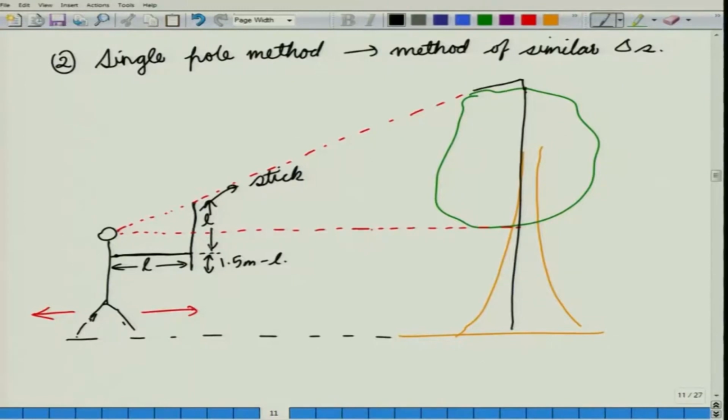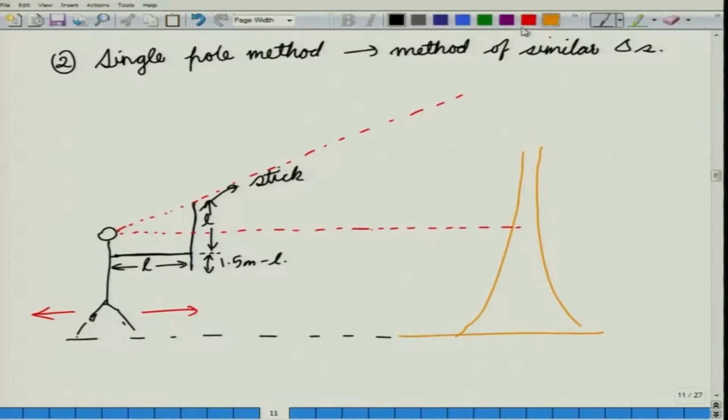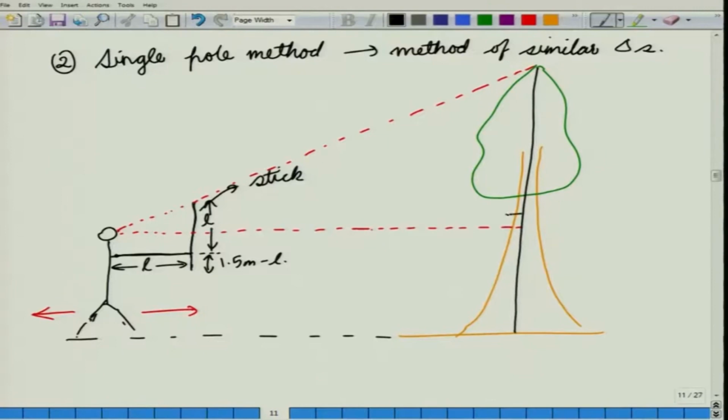So now let us take a vertical from here. Now consider these two triangles. The first triangle is this ABC, and the second triangle is this DEF.